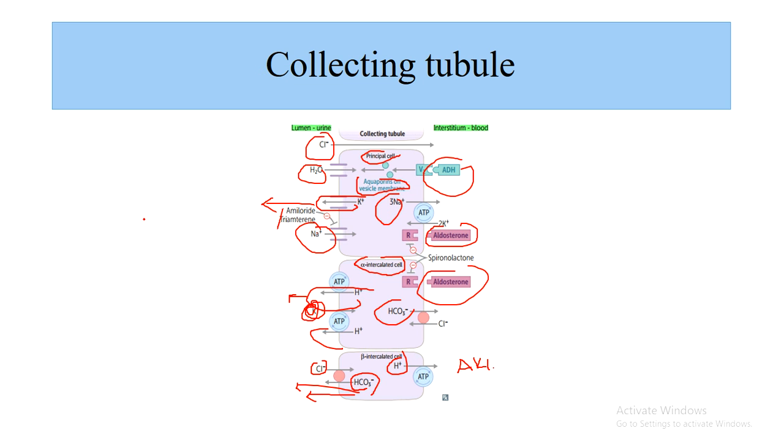So far, what are the components of our urine? We have urea that we have found nowhere to get reabsorbed. We have creatinine. We have potassium. And we have some bicarbonate.